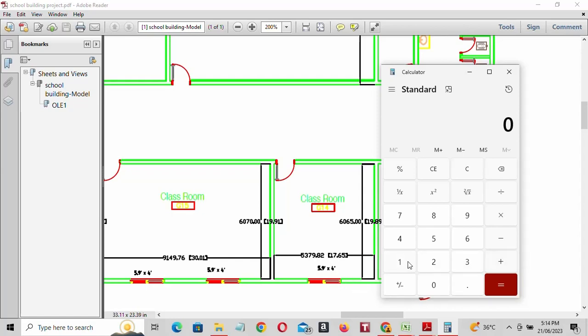Okay, so 18 into the height. False ceiling height is 10 feet, true height is 13 feet, so we have to multiply with 13, so 234, minus we have to subtract 24 because we already calculated the glass area, that is 24 feet, minus 24, so you will get 210. Okay.